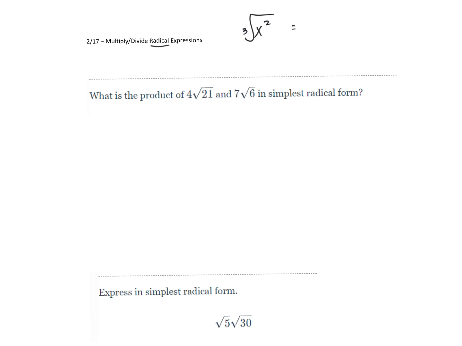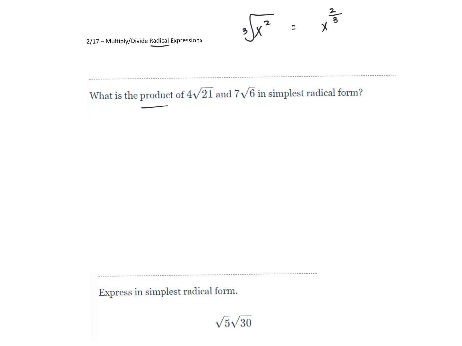And also remember, you can rewrite this in exponent form. In this example, the exponent on the variable x would be 2 over 3. The 3 root means in exponent form, it'll be on the denominator, and the square will be on top. But let's get to these examples to see how to multiply and divide radical expressions.